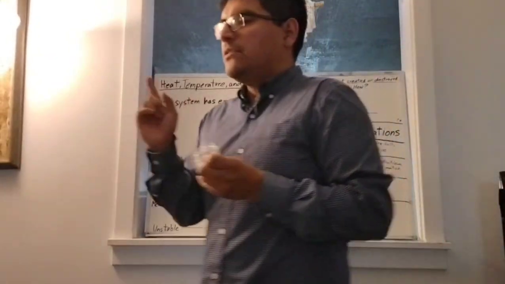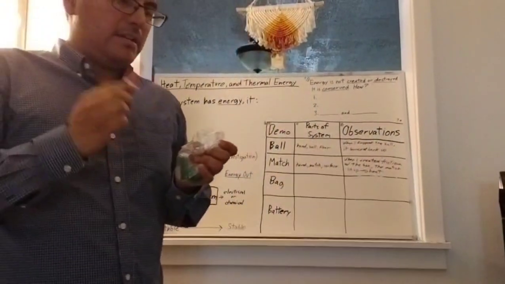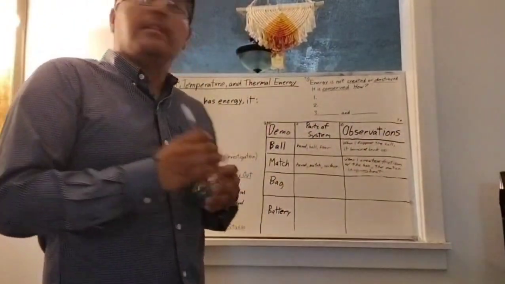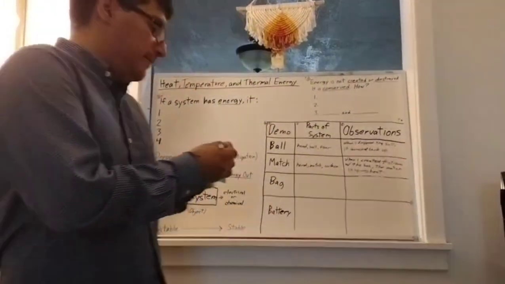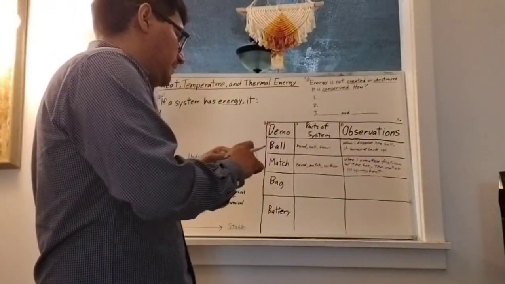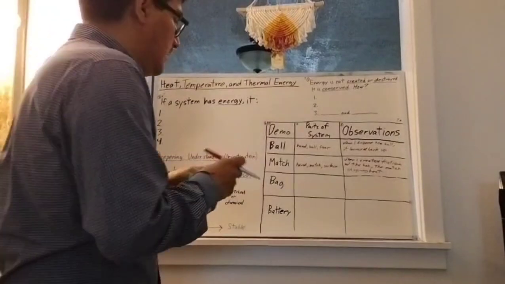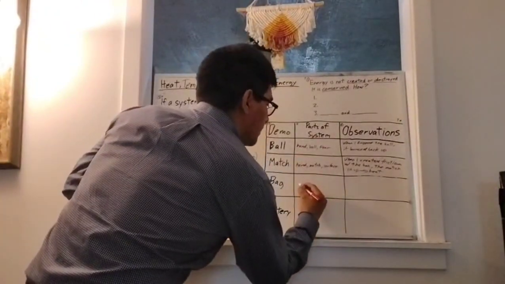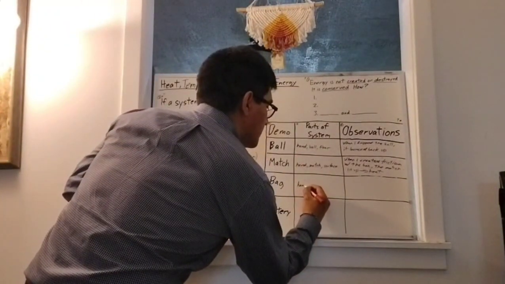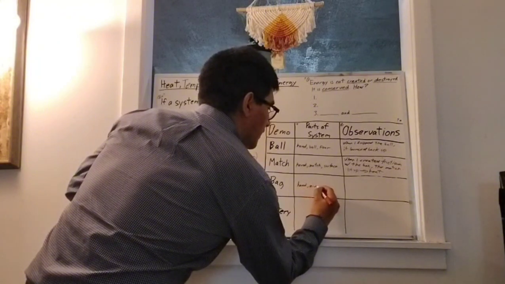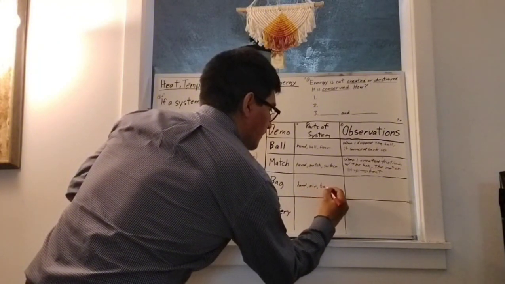Now, was there energy present in the bag before I popped it? All right. What about after I popped it? Okay, good. So here we have the parts of the system where my hand, the air, and the bag.